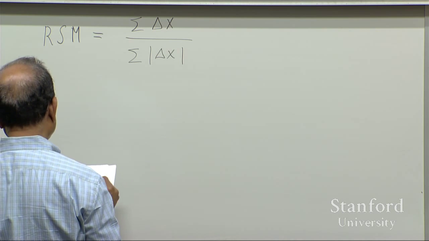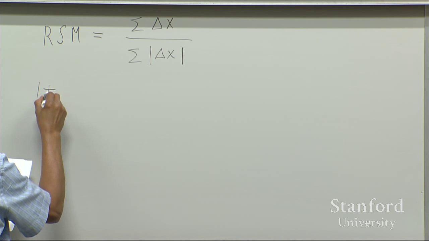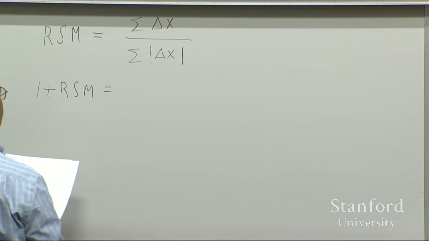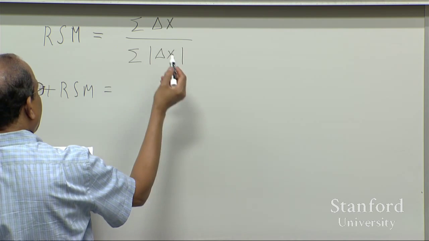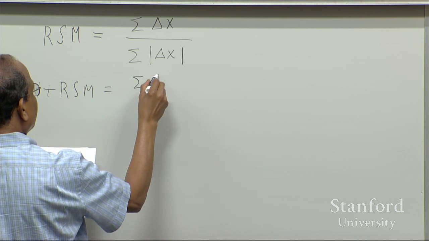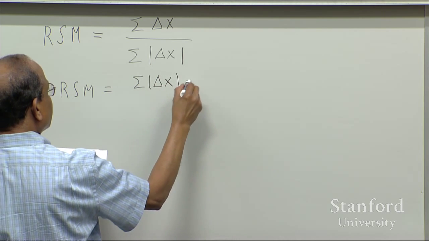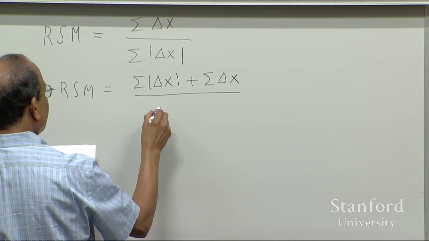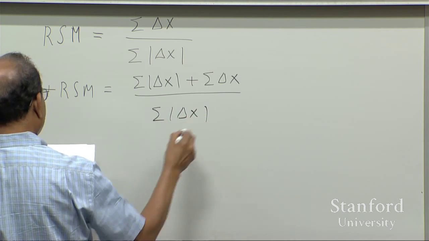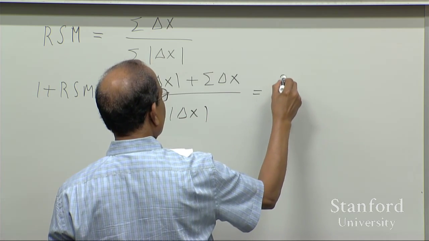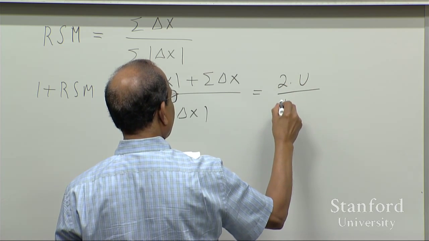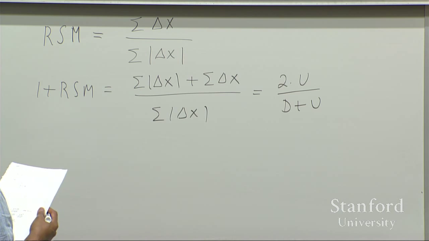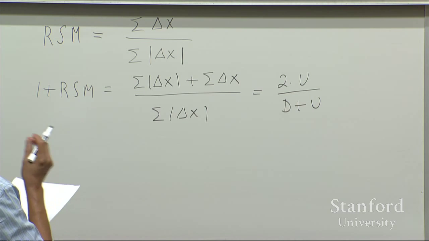And you can show that 1 plus RSM is given as, just adding this 1 is going to give you sum of delta x plus sum of |delta x| divided by sum of |delta x|. So this is nothing but 2 times u divided by d plus u.